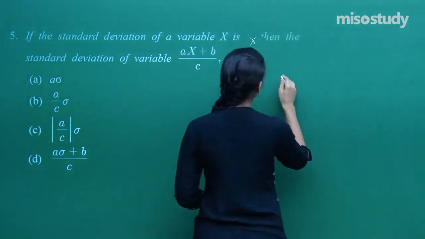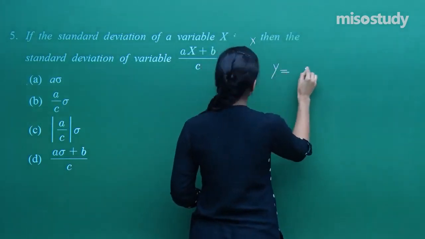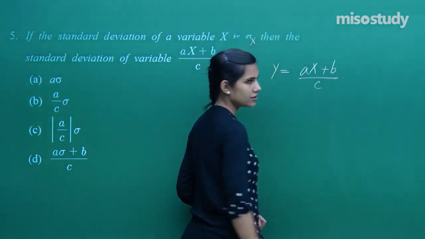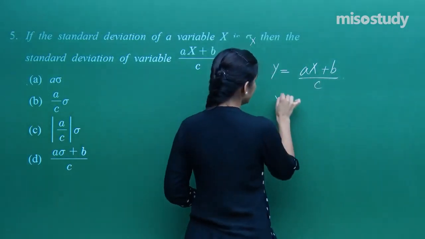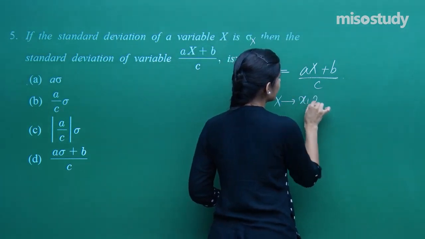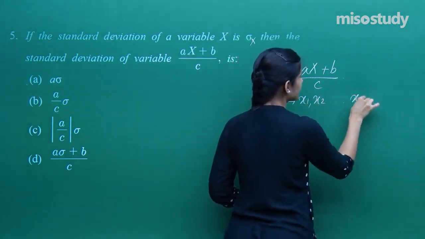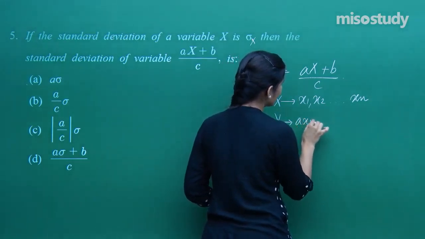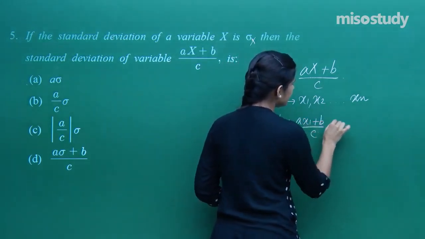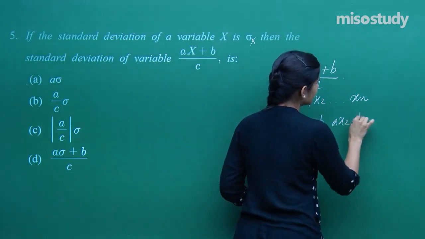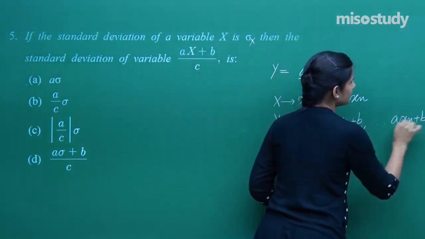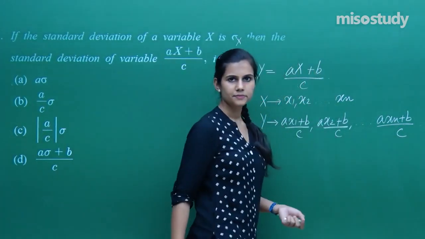So let me say, let y be equal to ax plus b by c. What is the meaning of this? If capital X is taking values x1, x2, x3 up till xn, then capital Y will take values ax1 plus b by c, ax2 plus b by c, and so on, axn plus b by c.